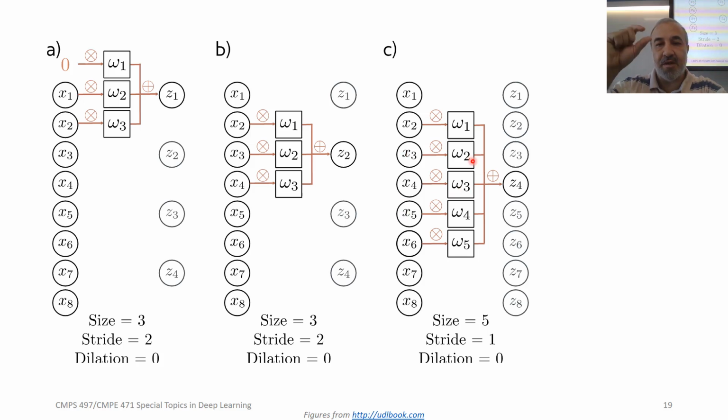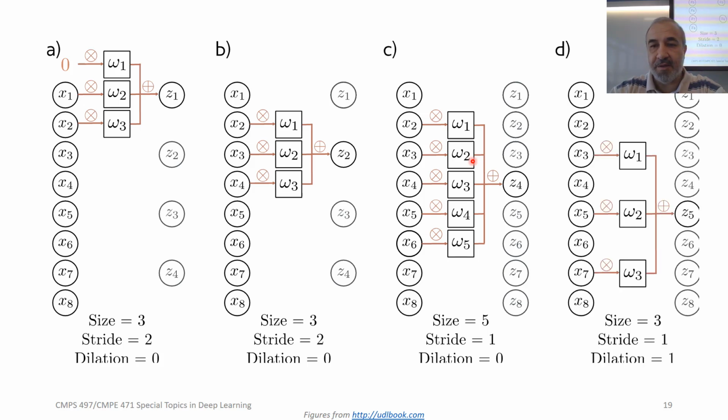So that means that the kernel is shifted by 1. In the last example, we can see that the kernel is applied at a region of 5 values in the input, but we have only 3 weights. So the kernel size is 3 here, but the dilation is 1 because we are skipping 1 value in between each pair of weights. And I think this is exactly where we stopped last time.